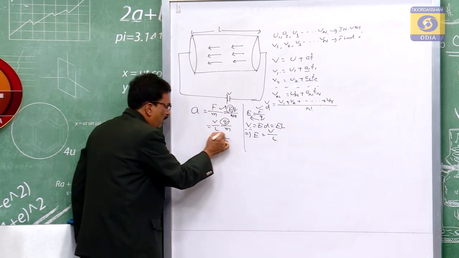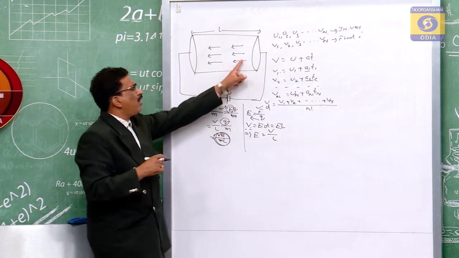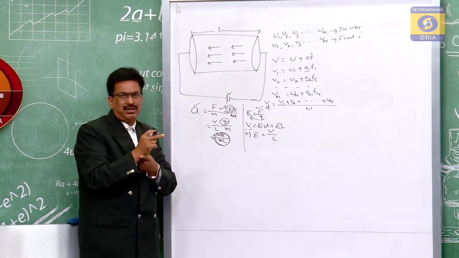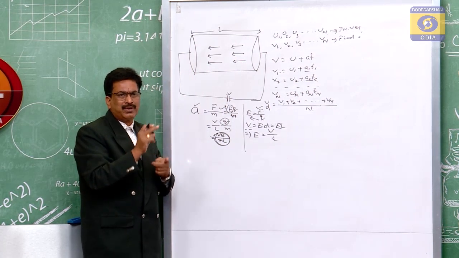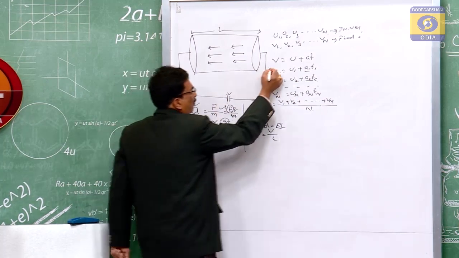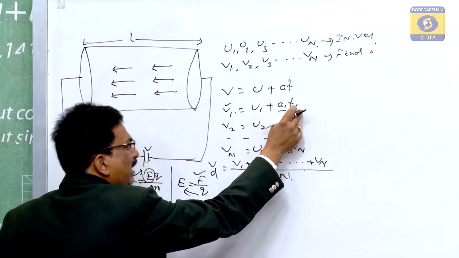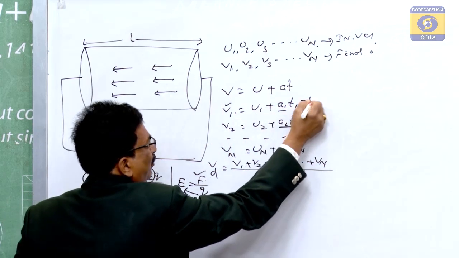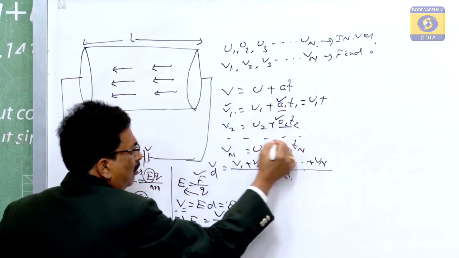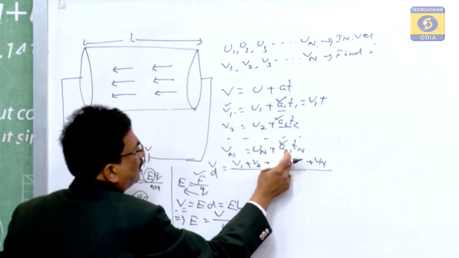All these values are constant, which means the acceleration of all electrons remains constant. Therefore, for the first electron, V1 is equal to U1 plus A1 T1. These values A1, A2, up to AN are all constant.